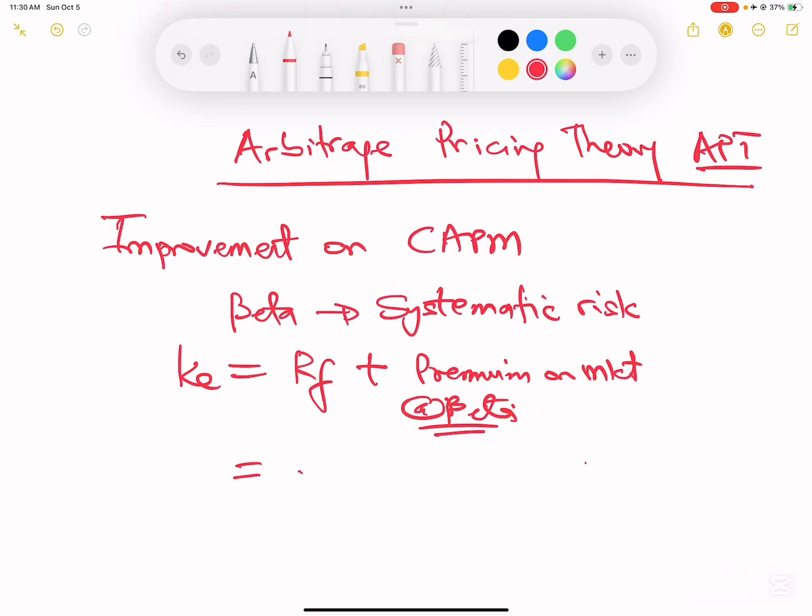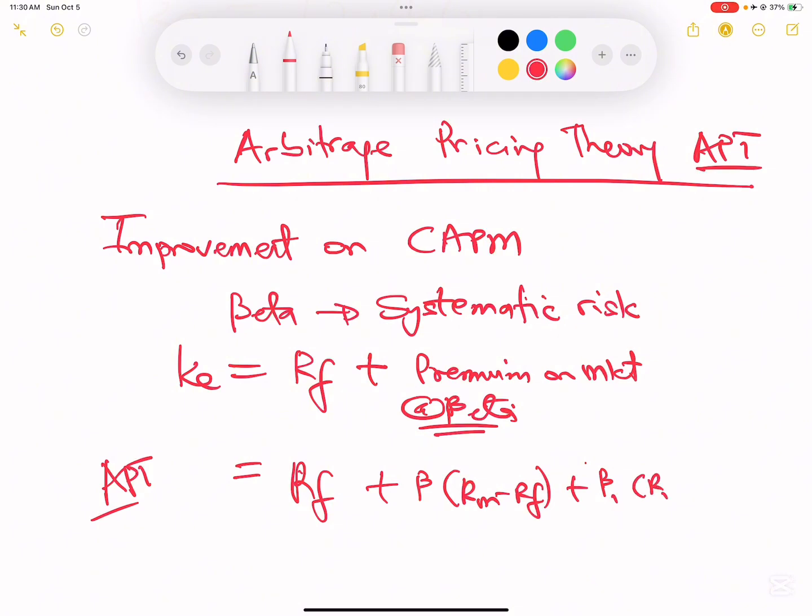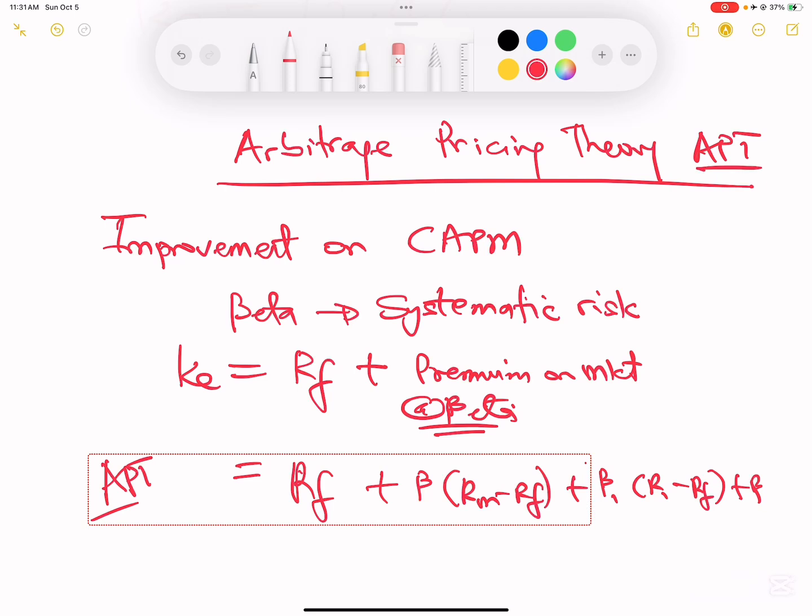So when you are writing your formula for the arbitrage pricing model, you have a risk-free rate plus the beta, RM minus RF, plus another beta, maybe on inflation, then RI minus RF again, plus another beta on liquidity risk, on default risk, on all those risks.